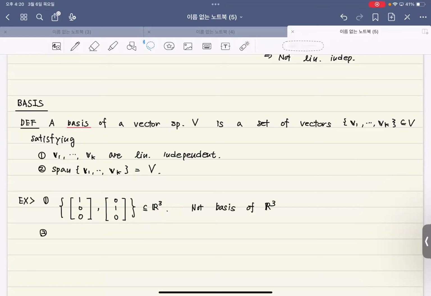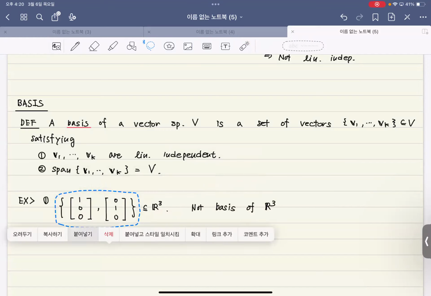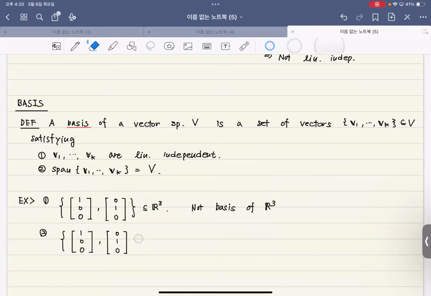What about this? I have 4 vectors in R3. Is it a set of bases? No. Why?